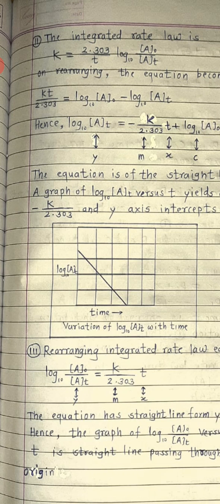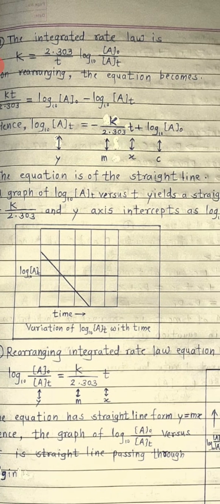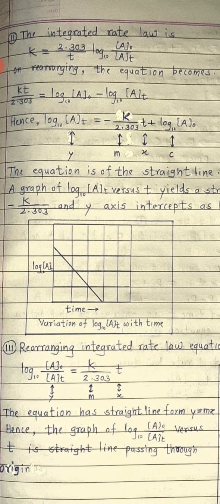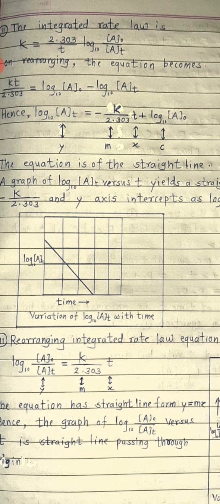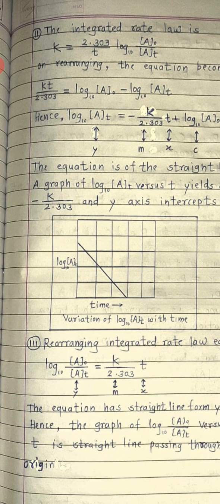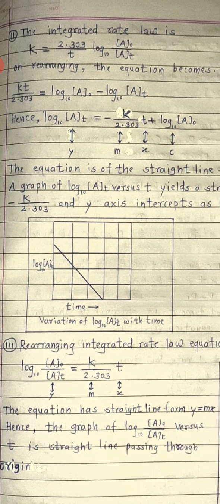On rearranging the equation, kt upon 2.303 is equal to log to the base 10 A0 minus log to the base 10 At. Hence, log to the base 10 At is equal to minus k upon 2.303 into t plus log to the base 10 A0.